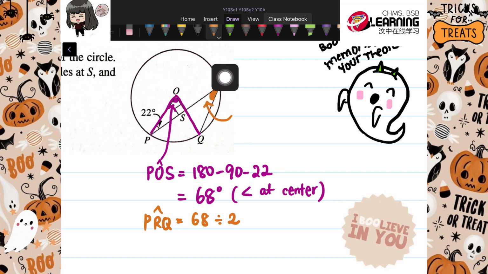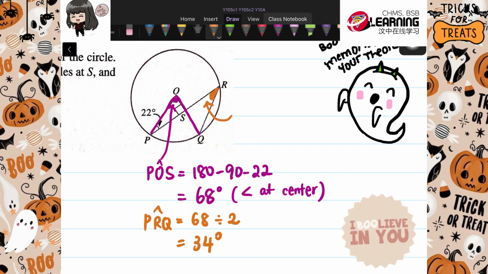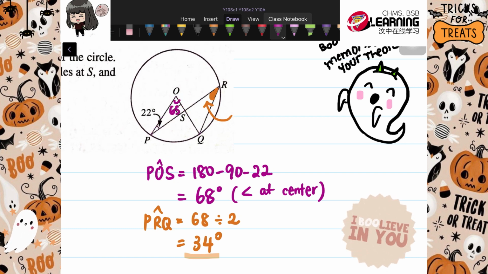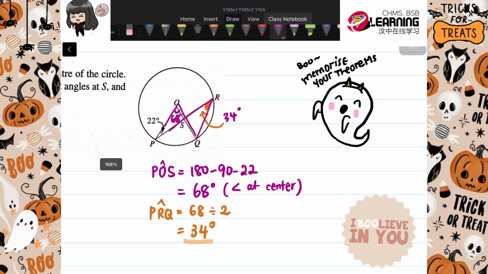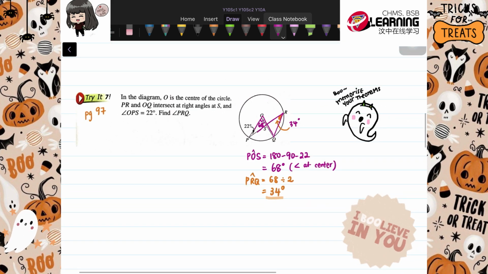To find the circumference, you divide. So you divide by 2, which is 34 degrees. So this is the answer, 34. Makes sense, right? Then just double check. This is your 68, so this is twice this angle, so this will be 34 degrees. That's all for try it 7.